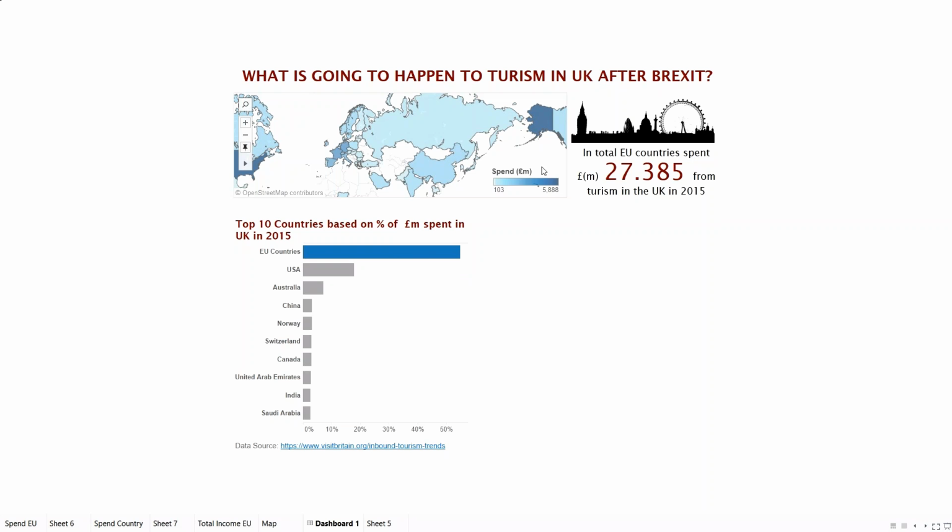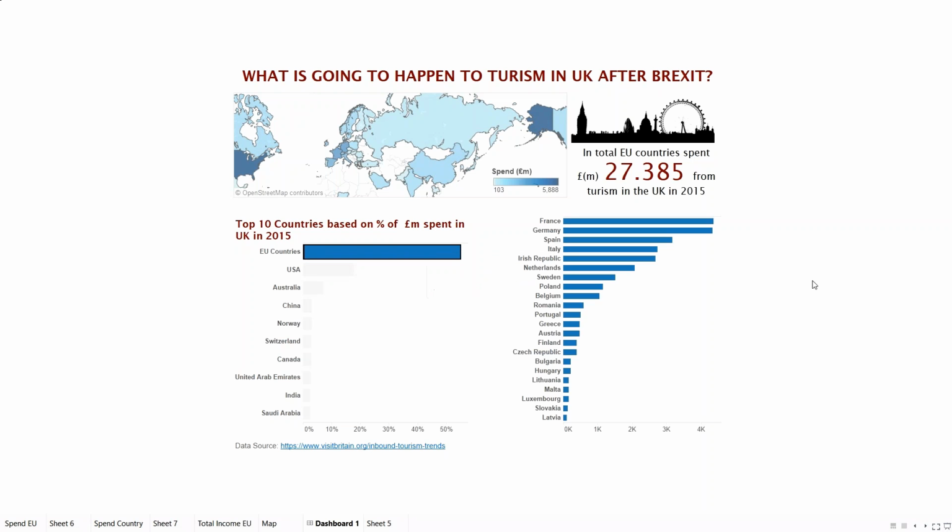That's 27 billion. So if we want to look at individual countries within the EU, you can see again France on top, and this bar chart is not a percentage. This is just the millions of pounds contributed by that country in the UK.